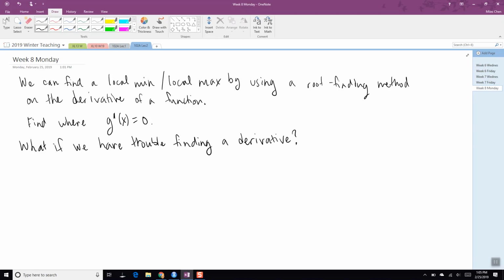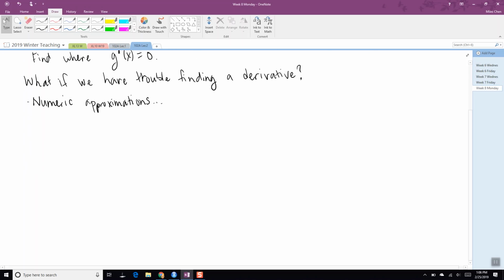What we can do is numeric approximation. All of these numeric methods are going to give us approximations. All of our root finding methods just zero in on approximations anyway.